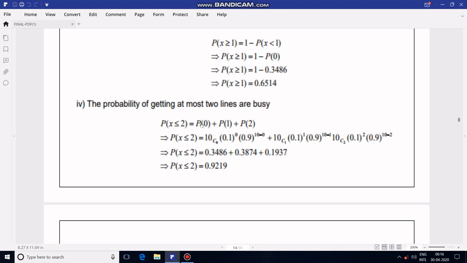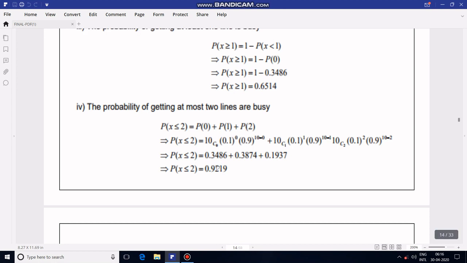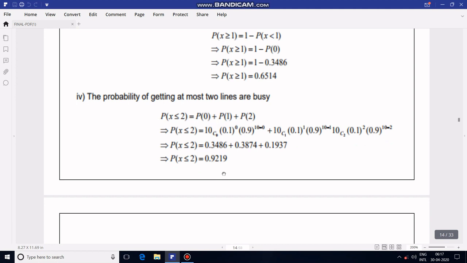So let us compute P at x equals 0, P at x equals 1, and P at x equals 2 using the same formula, substituting all and simplifying. We get 0.3486 for x equals 0, 0.3874 for x equals 1, and 0.1937 for x equals 2. By adding these three, we get P for x less than or equal to 2 is equal to 0.9219. So that is the answer for the fourth question.